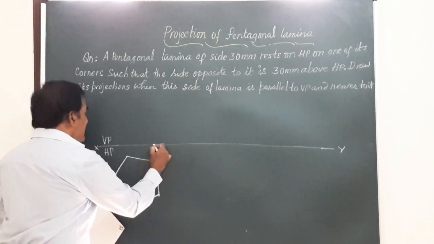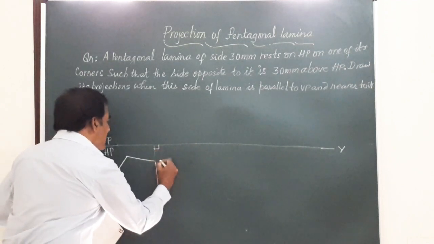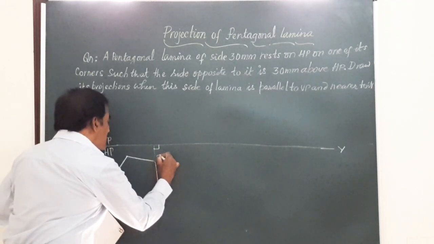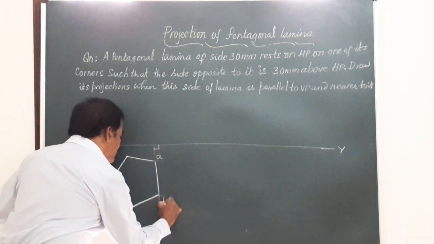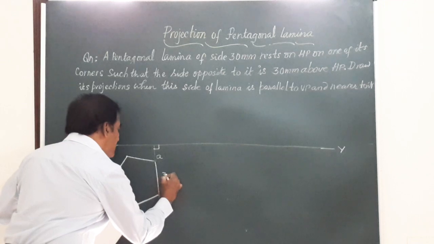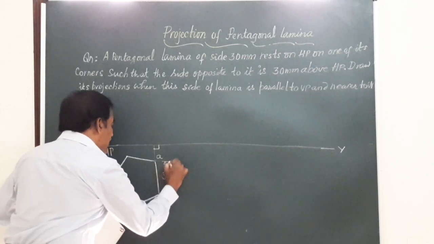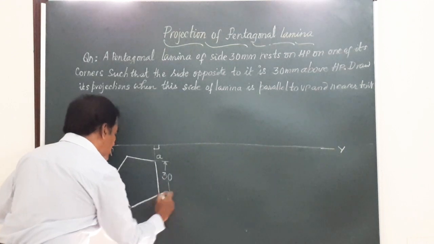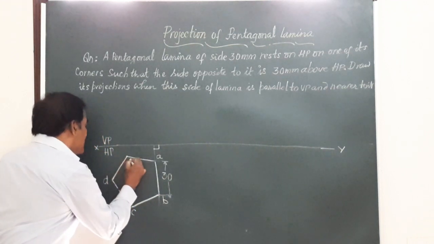Friends, this is the pentagon I have constructed with one of the sides AB normal to VP, that is, this is A, this point is B, this has got a length equal to 30 mm, and the numbering of the other corners will run like this: this is C, this is D, and this is E.